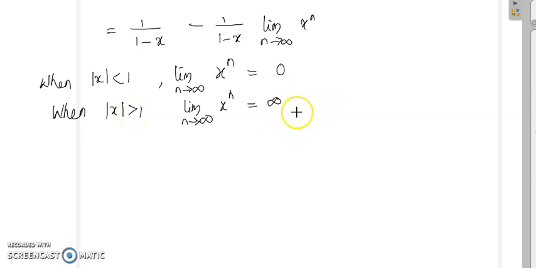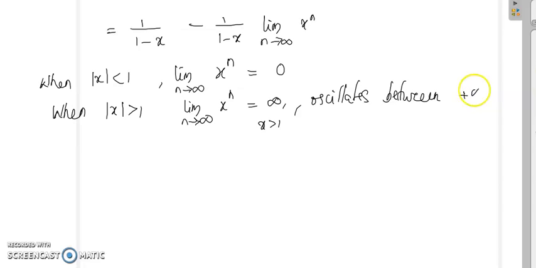So it is infinity when x is greater than 1 and oscillates between plus infinity and minus infinity when x is less than minus 1. So that is the case when mod x is greater than 1. So in any case the limit does not exist.